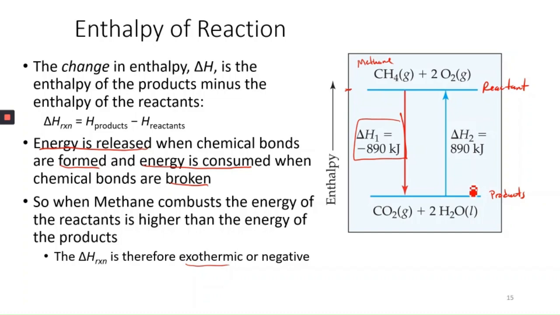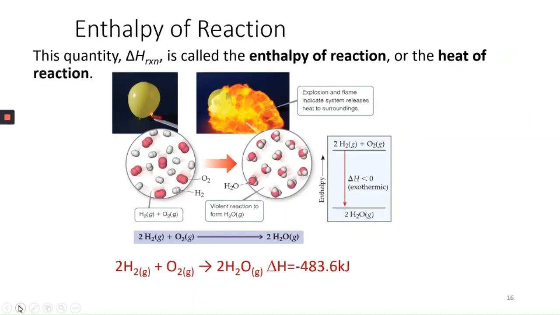Now, if you're doing the opposite, say you start with carbon dioxide and water, and you want to make methane and oxygen, you have to put this much heat into the system. So again, enthalpy of the reaction is delta H, and this RXN means reaction, or you could call it the heat of the reaction.